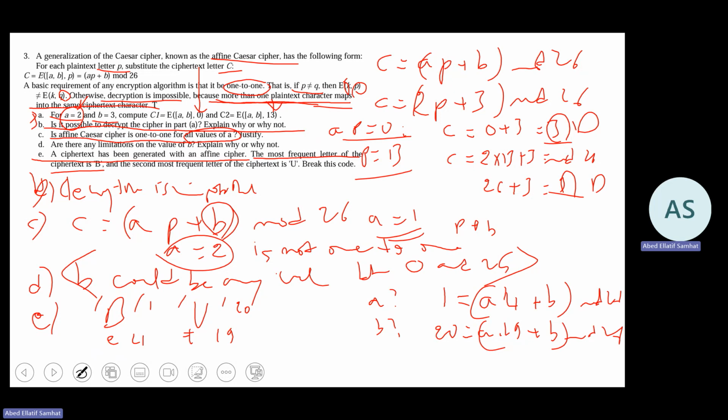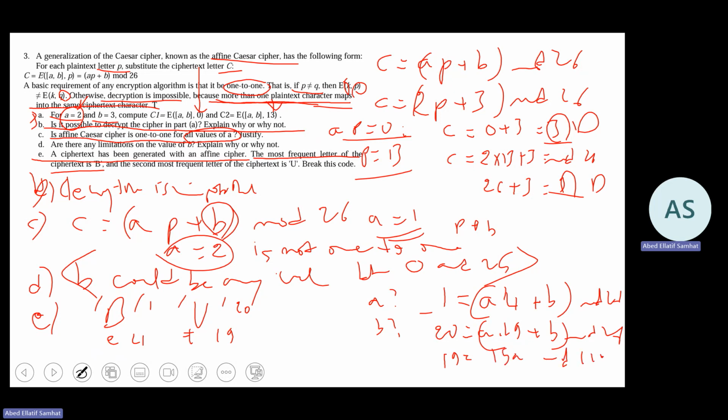So that's why we have to resolve this system. We can subtract using modulo. So if we subtract this one, we obtain 20 minus 1 equal to 19, equal to 15A modulo 26.